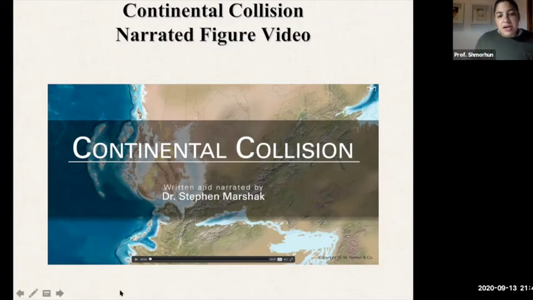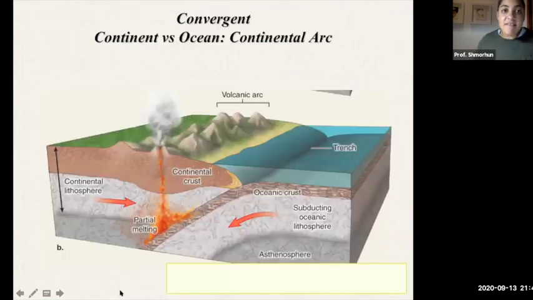The next type of convergence that we have is continental versus oceanic. In continental and oceanic collision, the oceanic crust, because it is much thinner and denser material, because it is mostly comprised of basalt, will subduct underneath the continental crust. Essentially what this means is that this thin and really dense oceanic crust just gets swallowed underneath the continental crust.